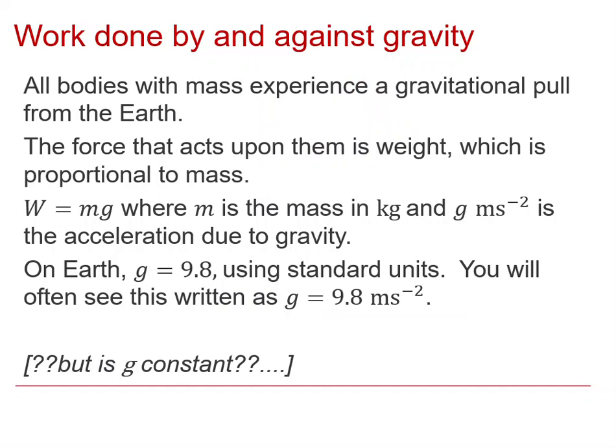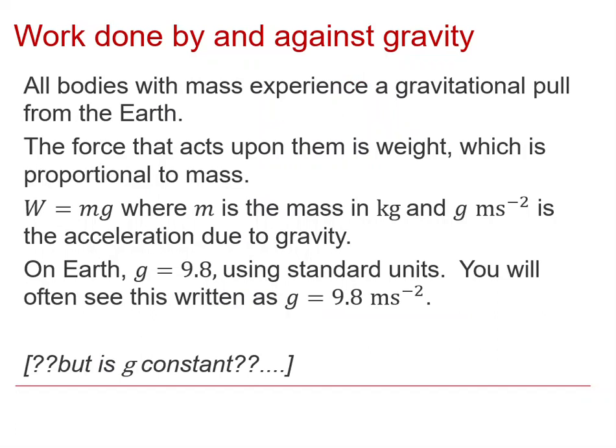But there is a bigger question about whether g is actually constant. Yes, it is if our consideration of experiments is only in a relatively confined space. If that confined space were the top of Everest, you would notice some diminution in the value of g, because gravity diminishes as you go up from the face of the Earth.